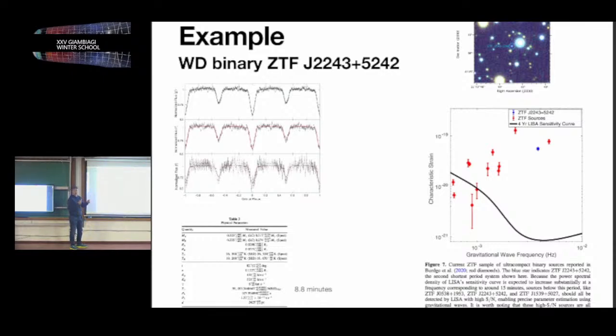You can figure out the period and you can estimate, from Gaia, you know where they are. You can estimate the strain. And these are surveys of specific binary white dwarfs in our own galaxy compared to the sensitivity curve of LISA. And you can see that individual white dwarf binaries in our own galaxy emit strongly enough that, say, LISA could see them individually. Yes?